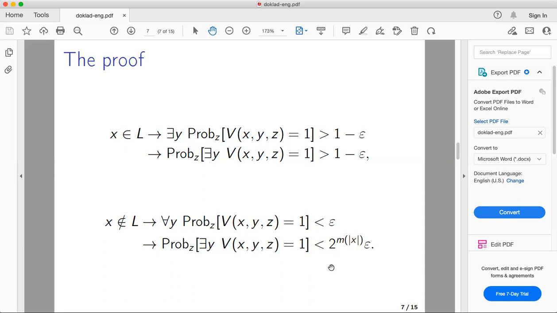Every event has a small probability, less than epsilon, but by the union bound, the probability of their union is at most the sum of probabilities, and that sum can be much larger than epsilon. It is epsilon times the number of events, that is, epsilon times 2 to the m. And so such a transformation works only if the probability epsilon times 2 to the m is smaller than, say, 1/3.